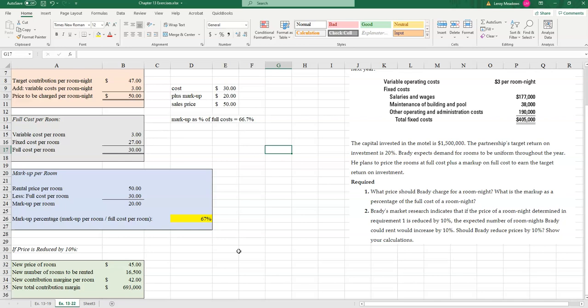We've done budgeting and so forth, variance analysis. We've done a lot of things. Now we're in CVP analysis, sensitivity analysis. Now we're pulling all that stuff together to understand how we make decisions in the short term, which was the focus of the previous chapter, and then in the long term here in this chapter.